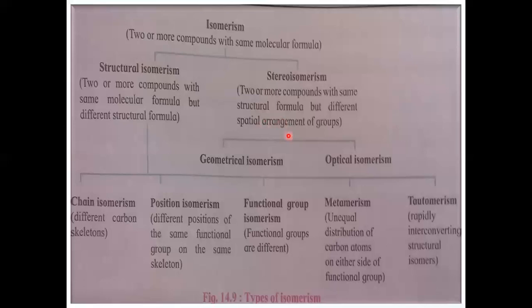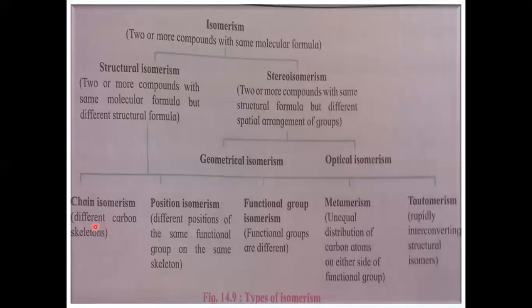On this basis, they are further classified as geometrical isomerism and optical isomerism. Structural isomerism is further classified as chain isomerism, position isomerism, functional group isomerism, metamerism, and tautomerism.